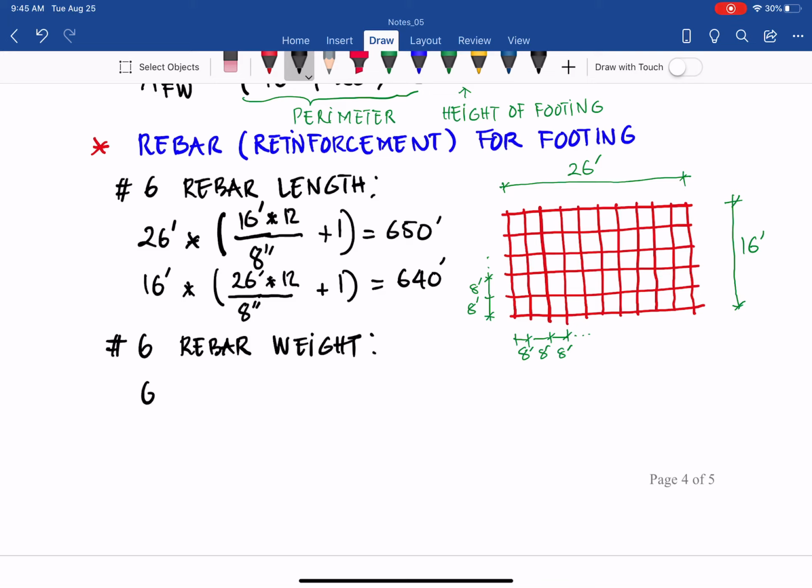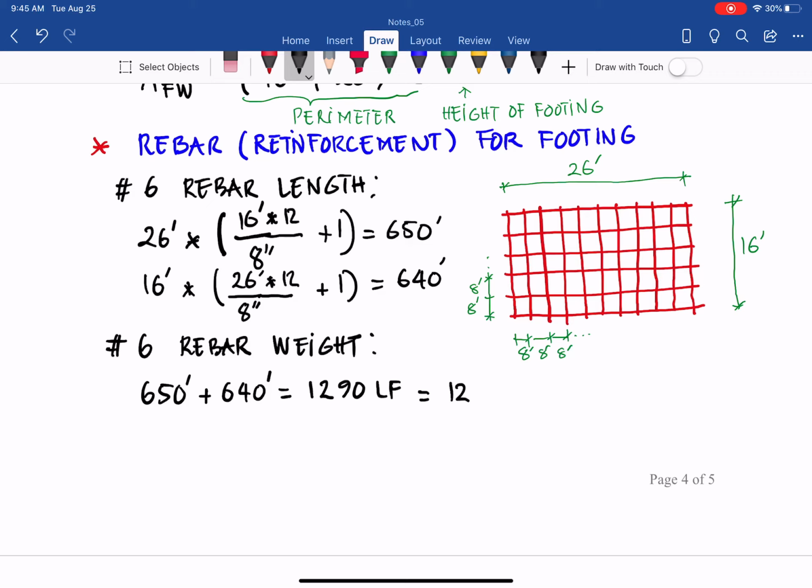Total, so we have 650 plus 640, and that equals 1290 linear feet. And then change it to weight, because the unit cost that you will see in the next video is determined by how many tons we need, how much we need to pay for 1 ton of the rebar, so we have to convert to tons at the end.